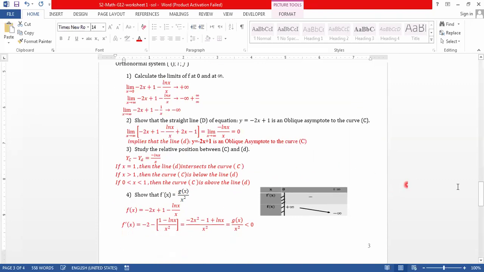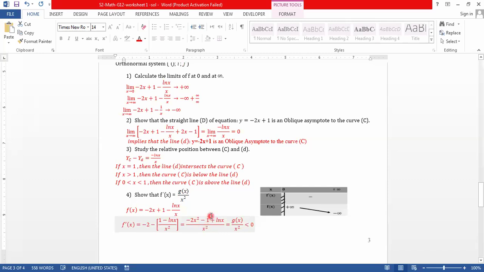Now the most important question is, show that f prime equals g of x over x squared. After calculating the derivative, you will get minus 2x squared minus 1 plus ln x over x squared. If you want to do the sign study for minus 2x squared minus 1 plus ln x, you will not be able to calculate the roots because you have two functions.